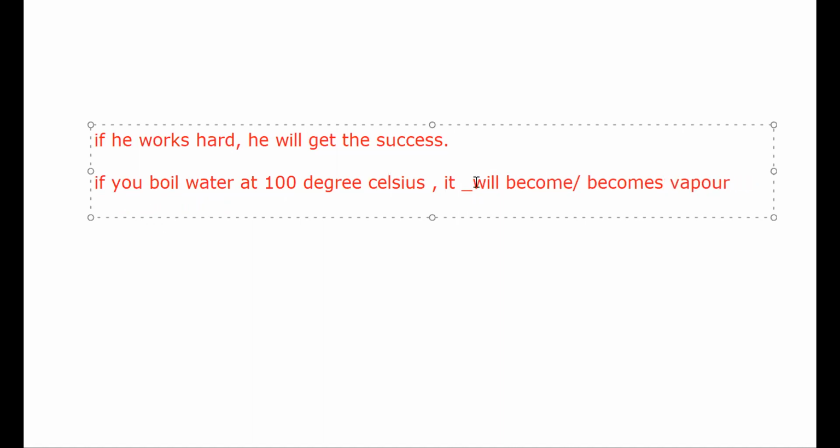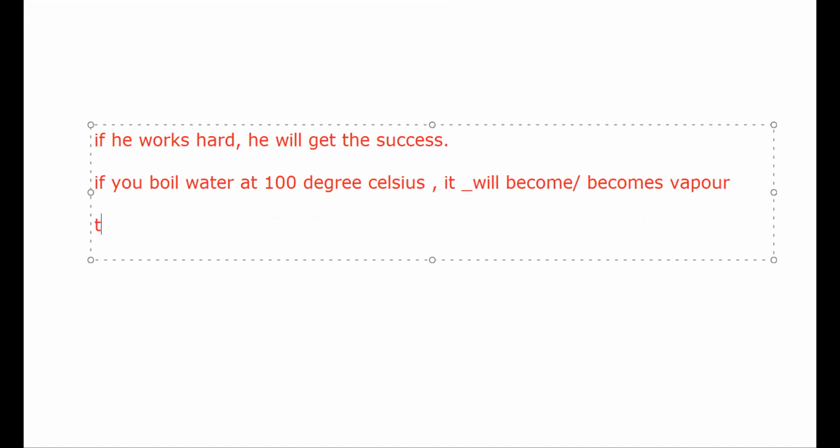If you say will become, guys, wrong. You know why? This is called type 0. What do I mean by type 0? Whenever I present universal facts or permanent facts in the conditional part, I don't use future. I always use simple present.